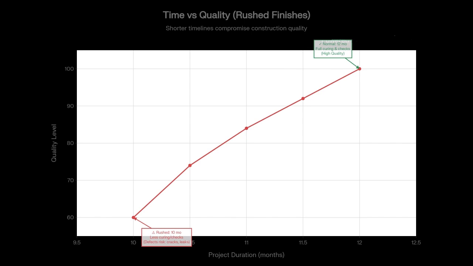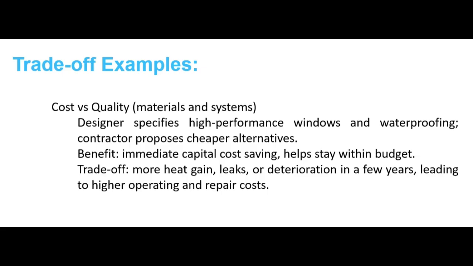Now coming to another example, cost versus quality, materials and systems. Designer specifies high performance windows and waterproofing. Contractor proposes cheaper alternatives. Benefit is immediate capital cost saving while opting for such cheaper alternatives.